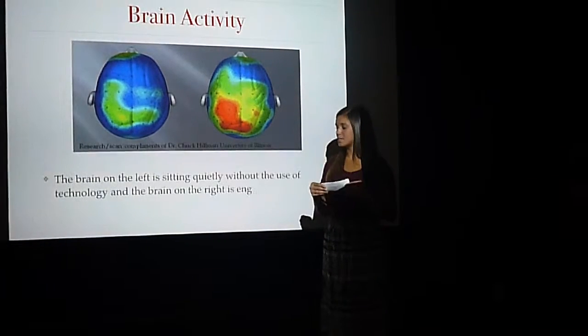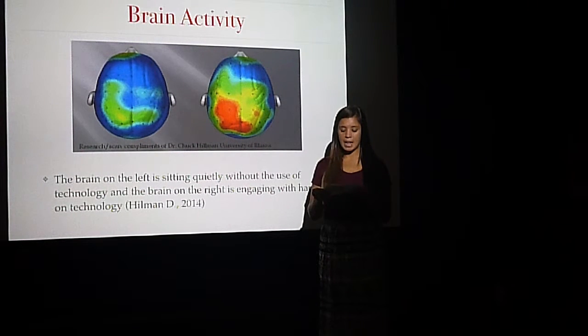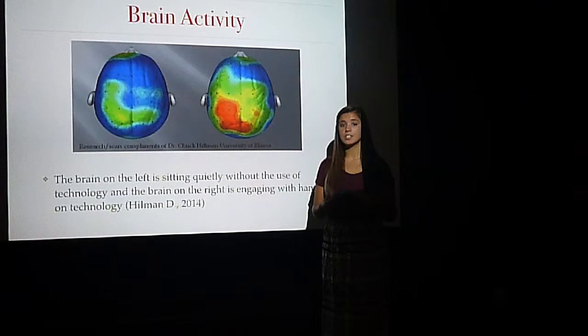Not only does technology help hold attention spans for long periods of time through the use of hands-on learning, but it also helps engage students, causing them to use more brain function at a single time, and that allows them to retain larger amounts of information for longer periods of time.